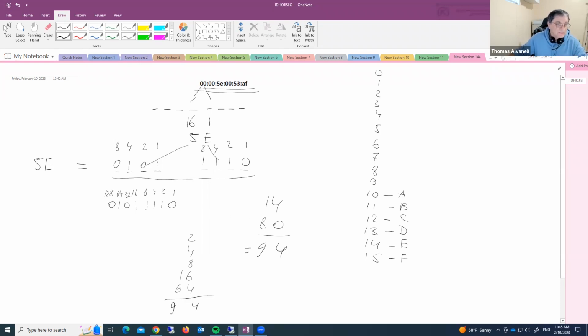Absolutely the same. So this means that we translated hexadecimal 5E equals decimal 94 equals 0101 1110.